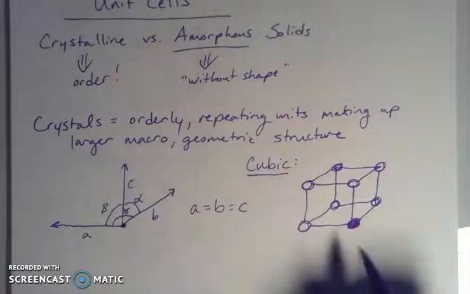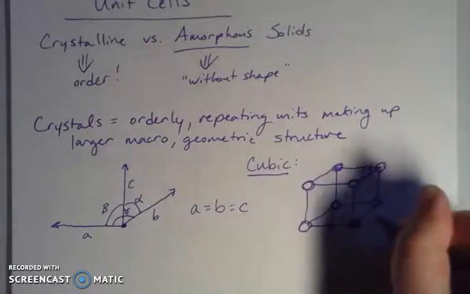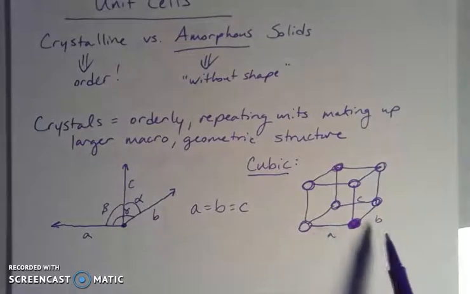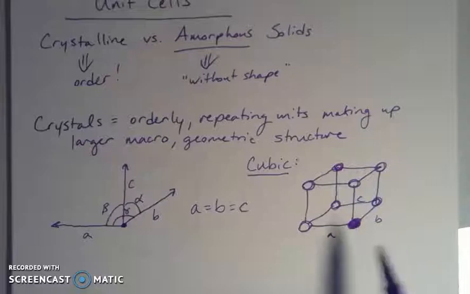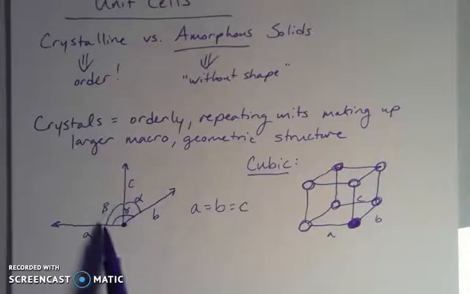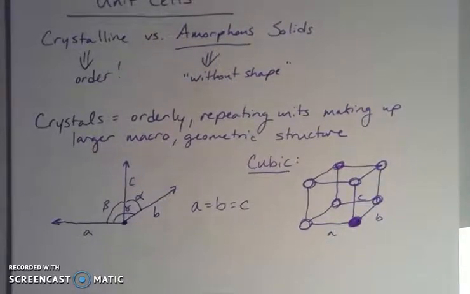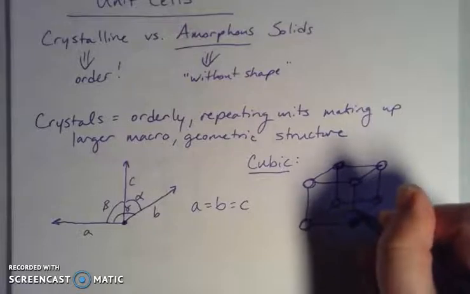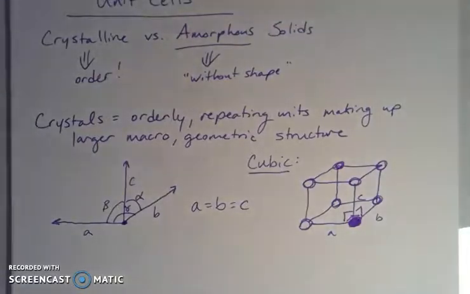So a = b = c, translating that into our structure here. And then a times b times c would give me the volume of my unit cell. And then the angles between them can be different things. But in a cube, they're all going to be 90 degrees. There's a 90-degree angle here, 90-degree angle here, 90-degree angle there in the base. So all of those angles are equal to each other.